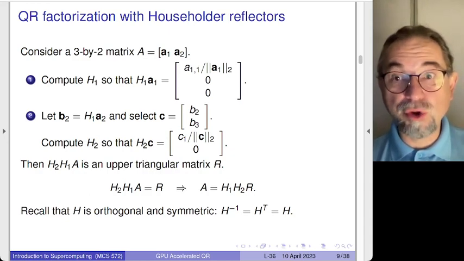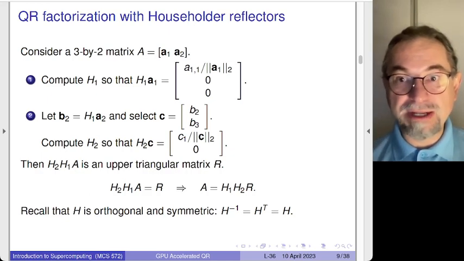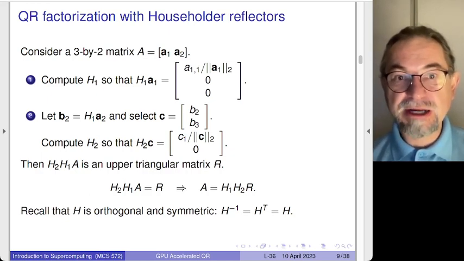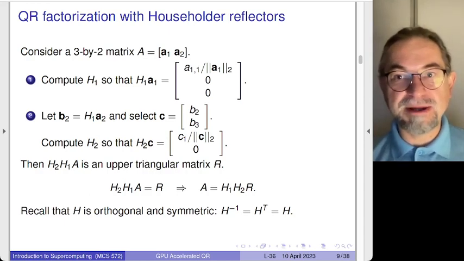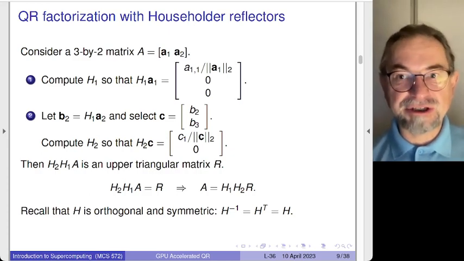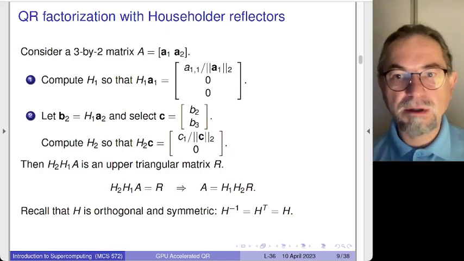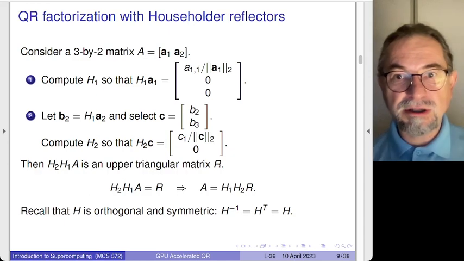So if we accumulate the Householder matrices, and by the way, the accumulation of the Householder matrices is actually those vectors z that we recalled at the last time. So we can explicitly compute these matrices, but it will turn out that we will have a very efficient representation of these reflectors. Okay, so this is the QR factorization.